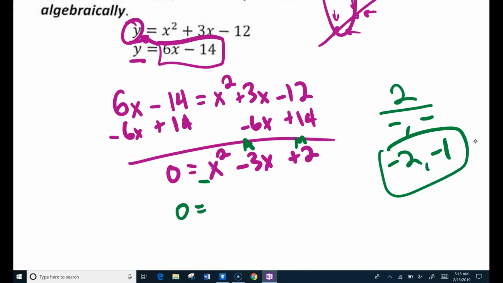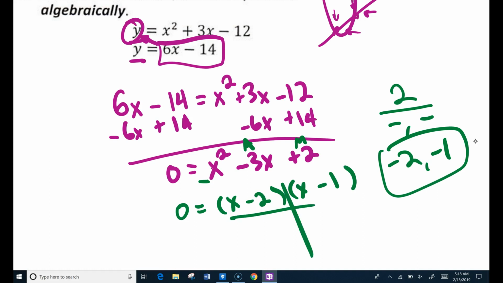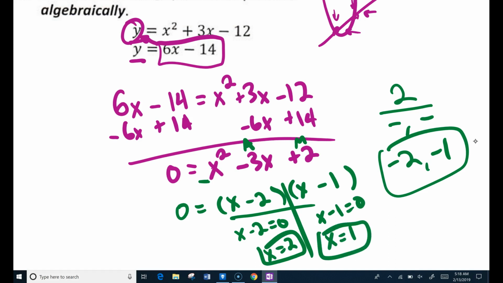So I rewrite it as x, and I plug in my two factors, minus 2 and minus 1. So when I tee it off, I get x minus 2 equals 0, and x minus 1 equals 0, and I get x equals 2 and x equals 1 as parts of my solution.